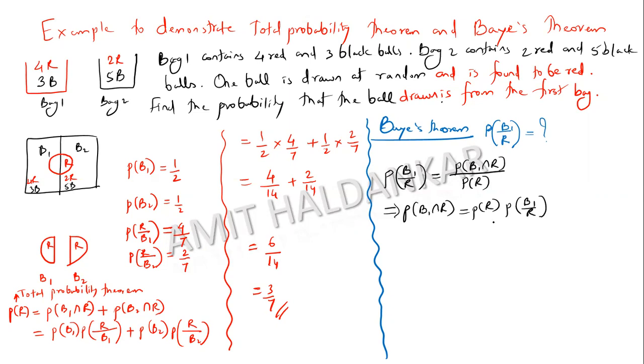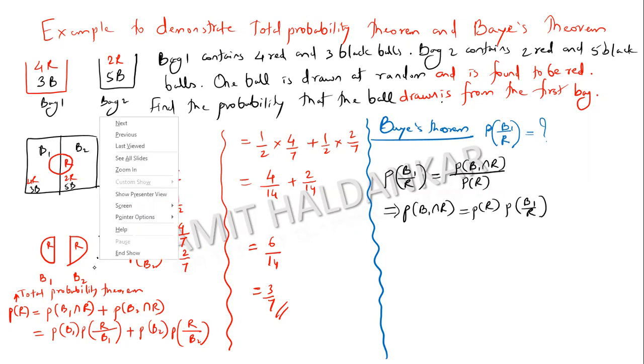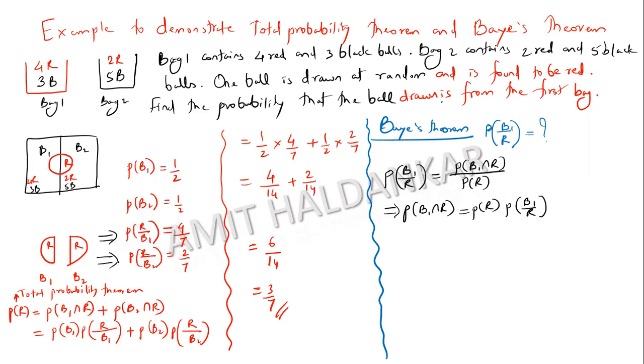Now, I already have P of R upon B1 over here, and P of R upon B2 also over here. Okay. So I can use these two things over here. P of R by B1, P of R by B2 also I can use.